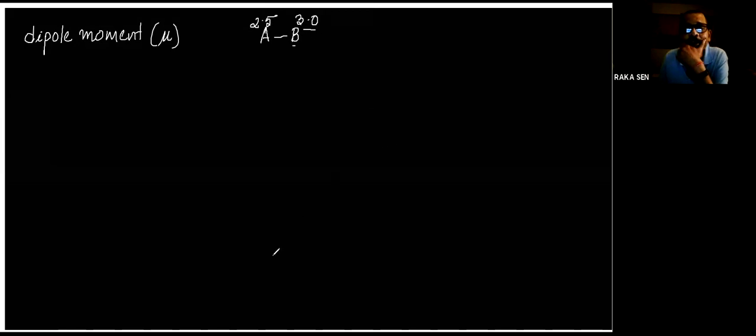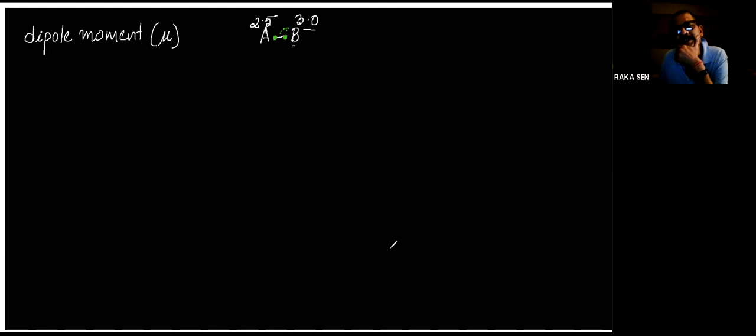Now, how do you define electronegativity? You have defined electronegativity as the tendency of an atom to withdraw the bonded pair of electrons towards itself. Right? Now, this is the bonded pair of electrons. If you have a bonded pair of electrons like this, then B is going to withdraw this bonded pair of electrons towards itself.